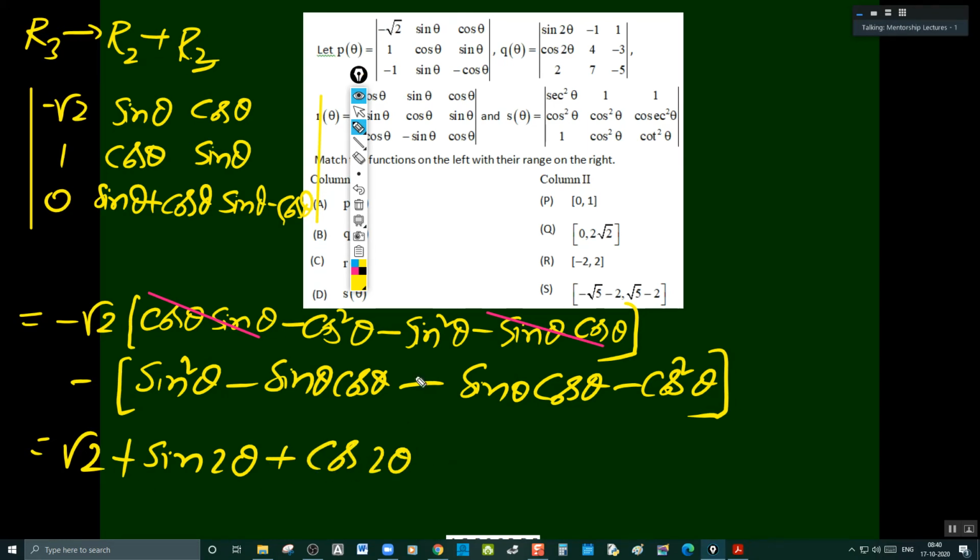Okay, which belongs to C plus or minus root a square plus b square. C is root 2 here, minus root 2, comma, root 2 plus root 2. So 0 comma 2 root 2.